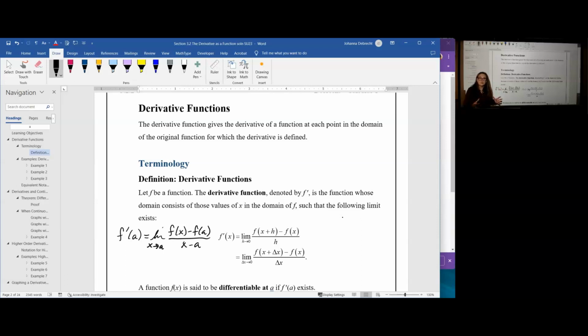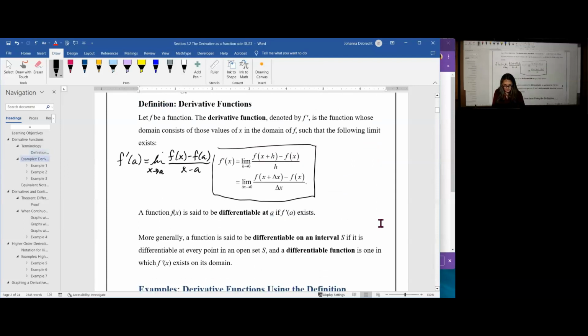We want a formula that gives us the derivative anywhere. So we're going to focus on these two formulas that you see here. You can choose the one you think is the most helpful, the one you like the best. If you're taking physics, you may want to stick with the delta x version. If you're not, then I would probably recommend you use the x plus h version.